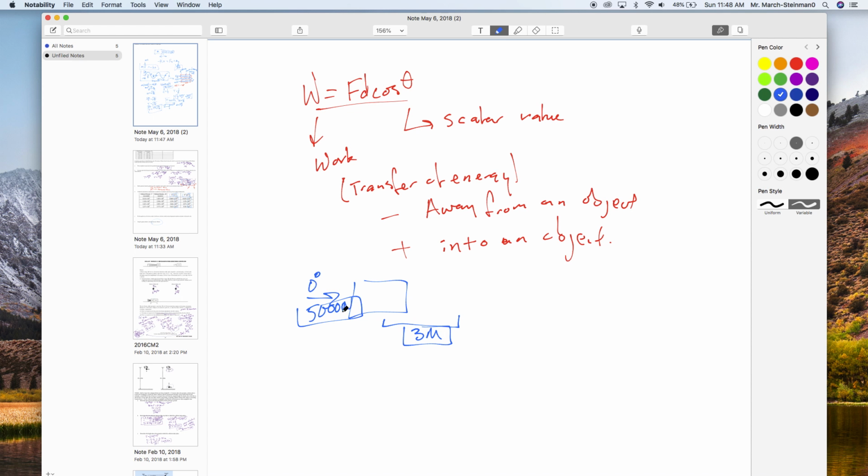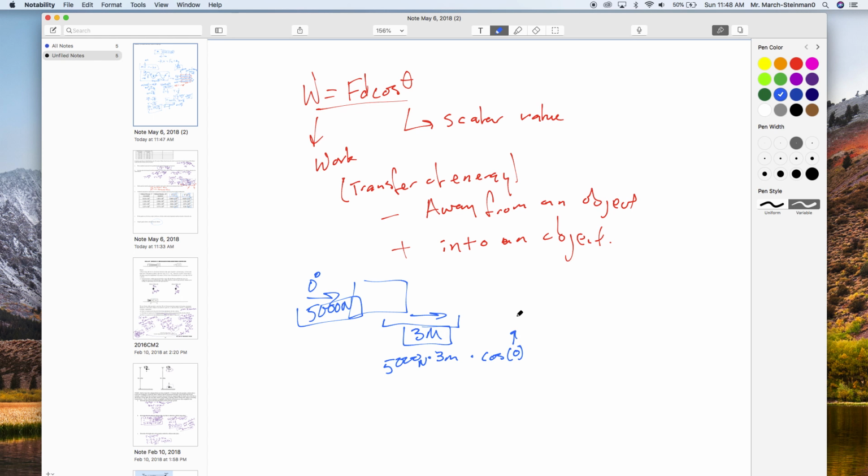We can think of this as saying, okay, well, all of the force I'm applying is doing useful work. It's lining up with the displacement of the object, so all of it is contributing to the motion of the object. And so in that case, the amount of work I've done, the amount of energy I've put into this object is 5,000 times 3 meters times the cosine of 0.